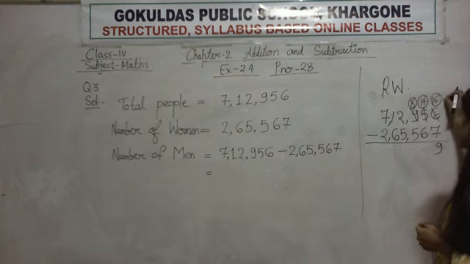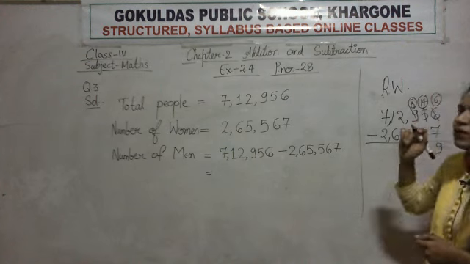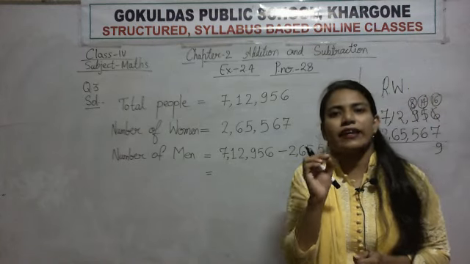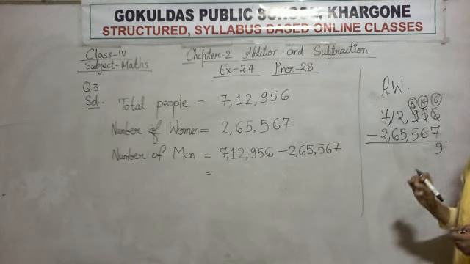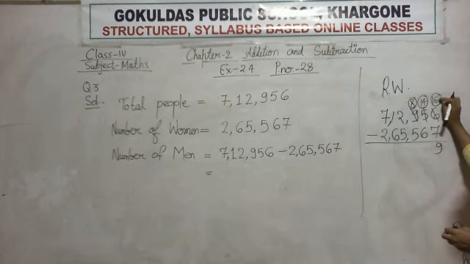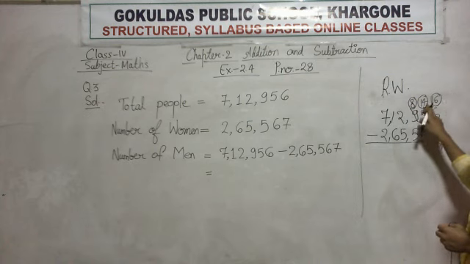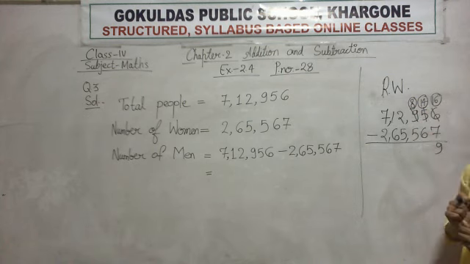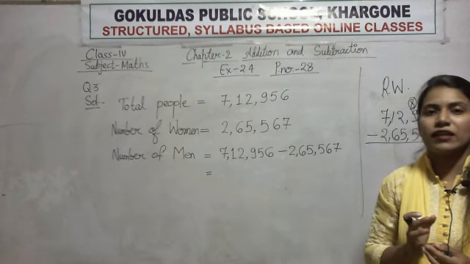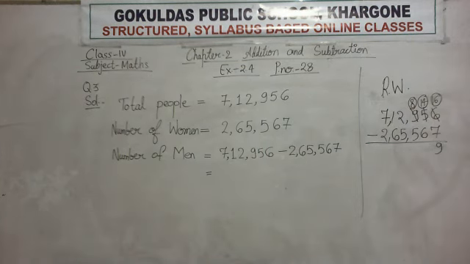Remember, when you write borrows or carries, write those numbers in a circle so that later you can understand that it is a borrow or a carry. Now start solving. 14 minus 6. How much?